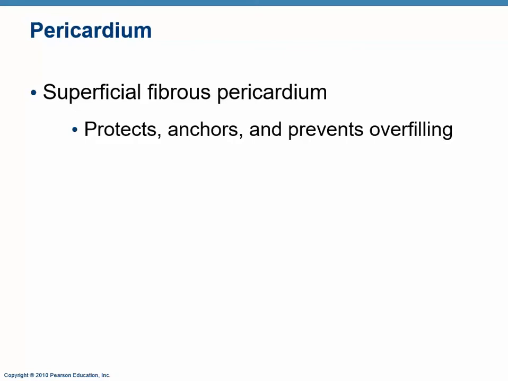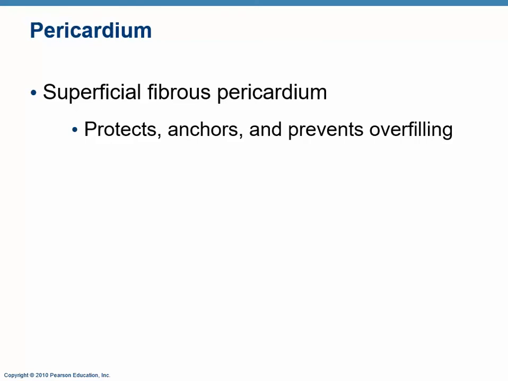As blood fills the heart, it expands, but the fibrous pericardium doesn't, so it creates the upper limit on filling. Like I say, it's connective tissue, so it is primarily collagen fibers.